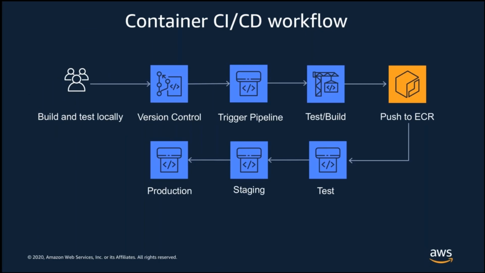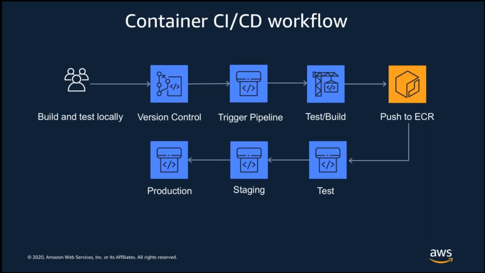As we go further, you see we have, first of all, as we talked about earlier, our build goes to version control, we test locally, submit a pull request, that code gets merged, triggers a pipeline, builds the image, pushes to ECR. But now we have additional steps in our pipeline that take that image and deploy it to our test environment. Then after a series of tests and validations, it progresses to staging and then to production.